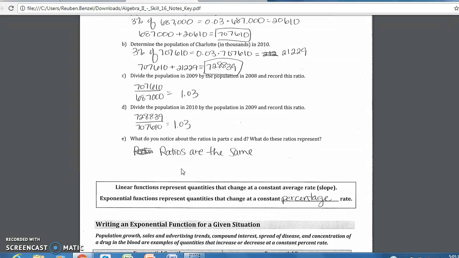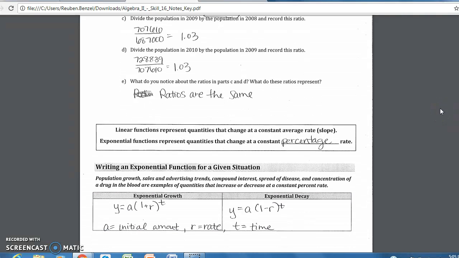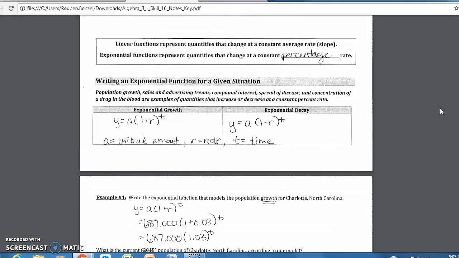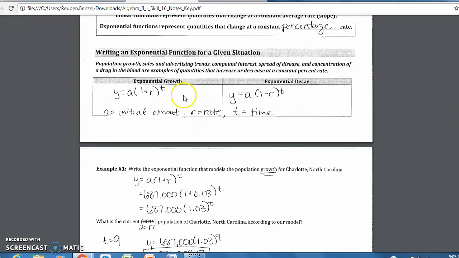So the point of an exponential function is that rather than increasing at a constant average rate, you're increasing at a constant percentage rate. Now, you're going to be given one equation for exponential growth and another equation for exponential decay.